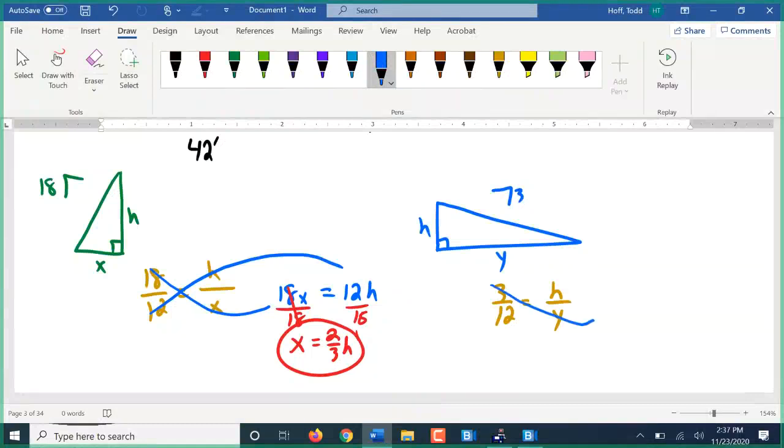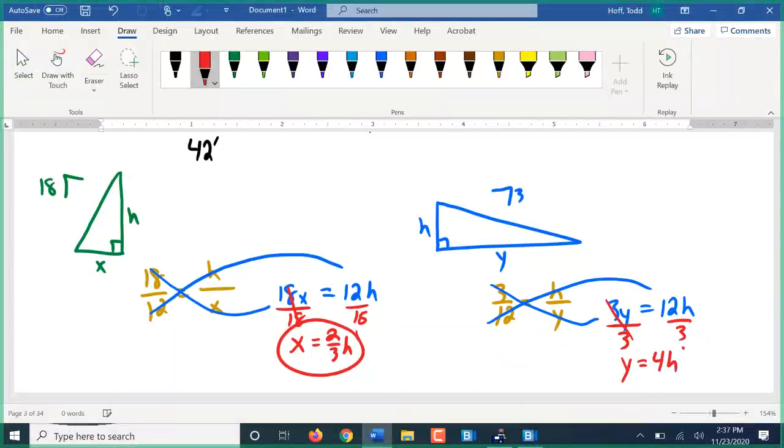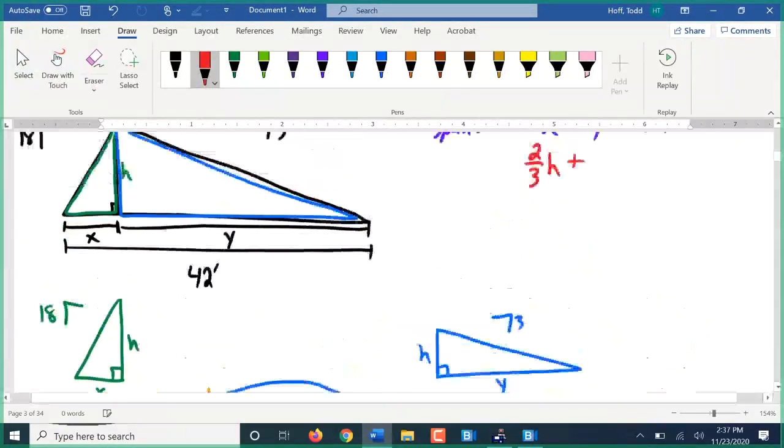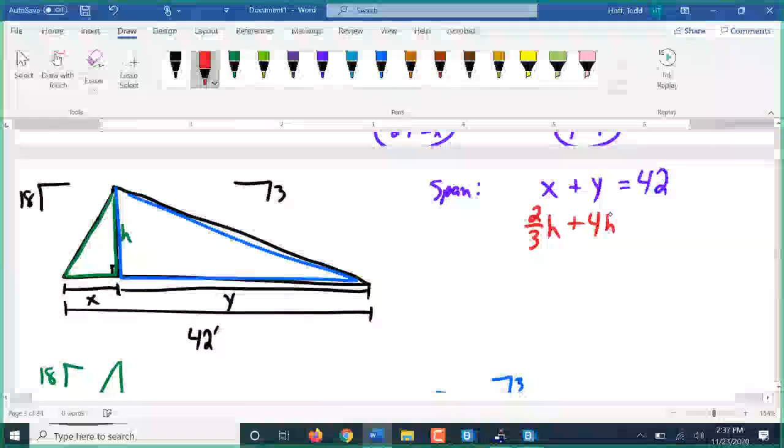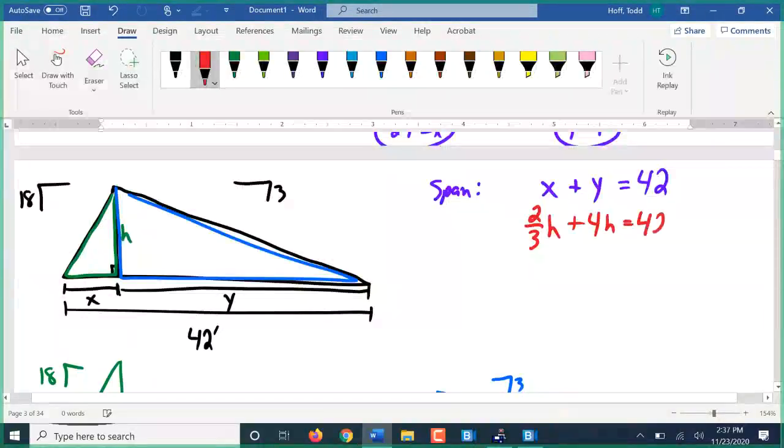We have 3 times y is 3y. 12 times h equals 12h. So 3y equals 12h. And just like in the last example, we'll solve for y by dividing by 3. Get y equals 4h. So replace y with 4h equals 42.